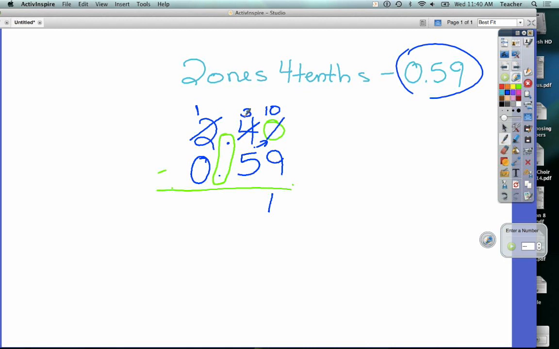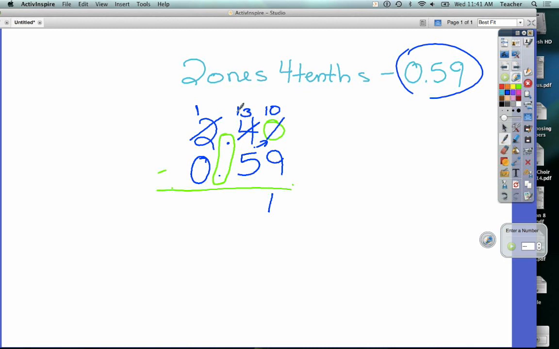What am I adding over here? If I take 1 from this column, I'm going to add how many to this column? 10. I have 3 there already. Do I get rid of my 3 and just say it's 10? No, what do I need to do?